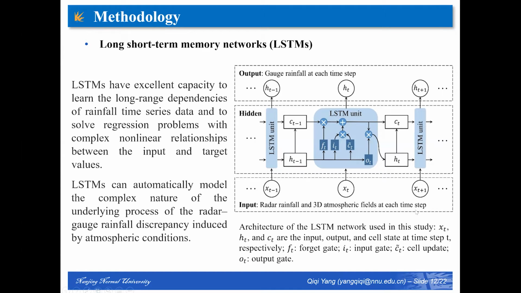The LSTM models used in this study include 3 layers: an input layer, which considers radar rainfall and 3-dimensional atmospheric fields at each time step, a hidden layer, and an output layer, which considers gauge rainfall at each time step.